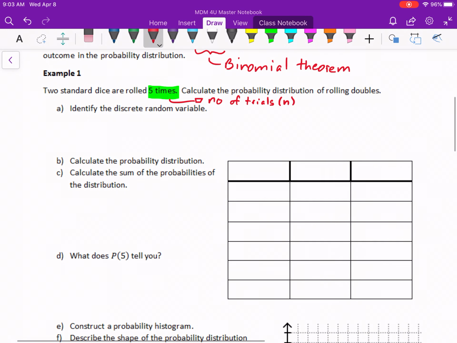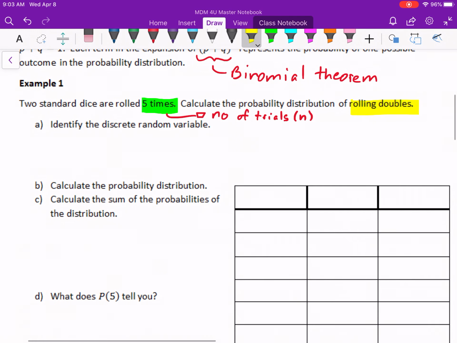Probability of rolling doubles. Okay, so that's what we're looking for. To identify a random variable, we need to know that it's going to be the number of doubles rolled if we do 5 trials, if we roll a pair of dice 5 times. So x equals number of doubles.